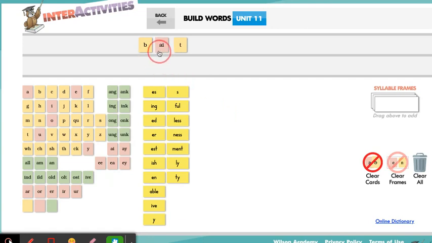So that would be in the middle of a word. And when we have multisyllabic words, more than one syllable, like an acorn, you will find the A in the beginning of a word, like an acorn.